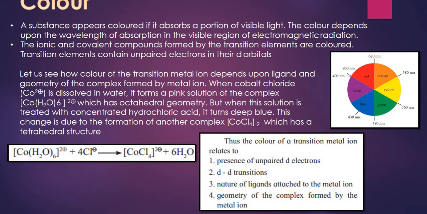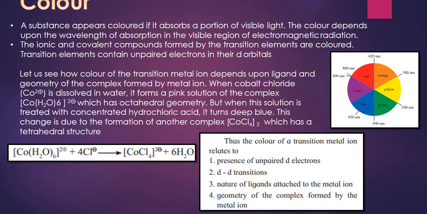Now, color. A substance appears colored if it absorbs a portion of visible light. The color depends upon the wavelength of absorption in the visible region of electromagnetic radiation. The ionic and covalent compounds formed by transition elements are colored. Elements contain unpaired electrons in their d orbitals.